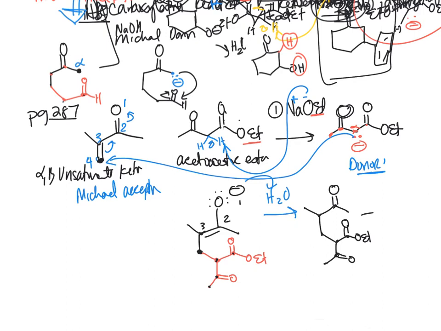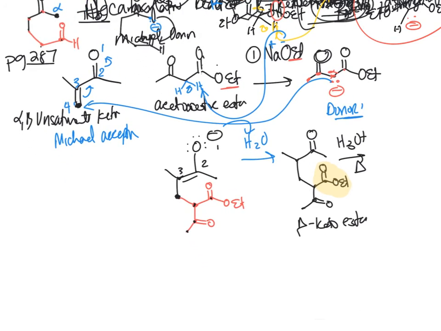All right, and the next thing we do is we add H3O plus and heat. So we have a beta keto ester. What's going to happen is we're going to get some decarboxylation of the ester. So all of this that I highlighted will decarboxylate. Let's do that.